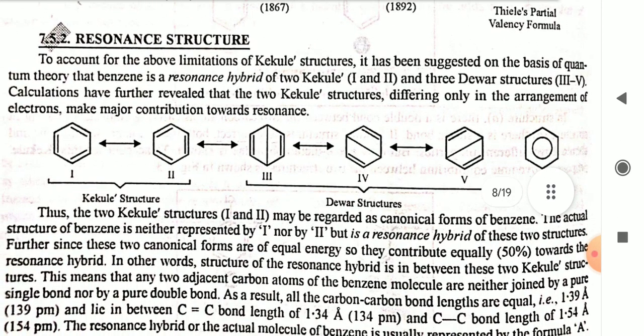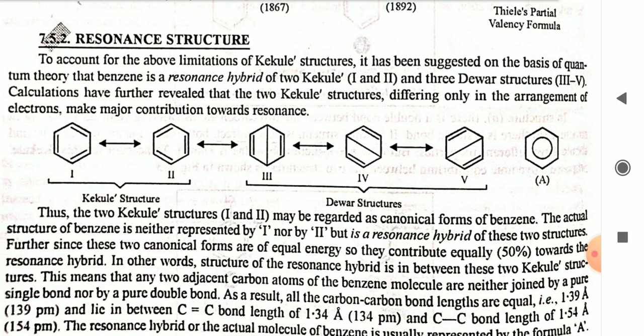To account for the above limitation of the Kekulé structure, it has been suggested on the basis of quantum theory that benzene is a resonance hybrid of the two Kekulé structures, first and second, and three Dewar structures, third and fourth. Calculations have further revealed that the two Kekulé structures, which differ only in the arrangement of electrons, make the major contribution toward resonance. Thus, the two Kekulé structures may be regarded as canonical forms of benzene.